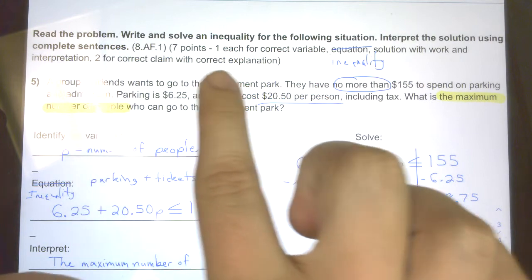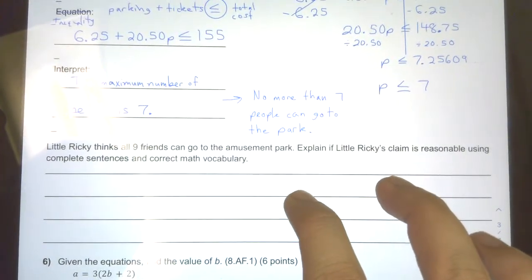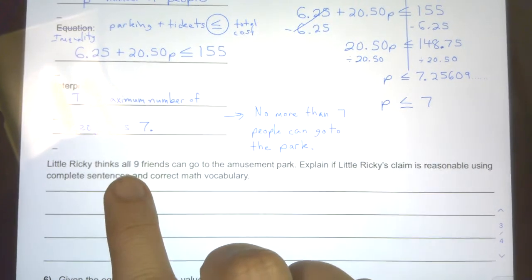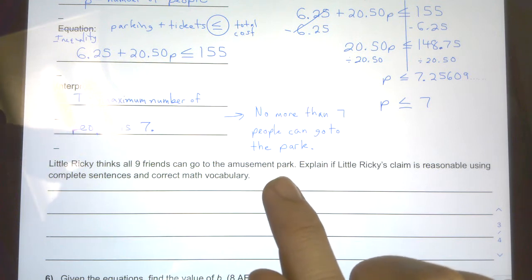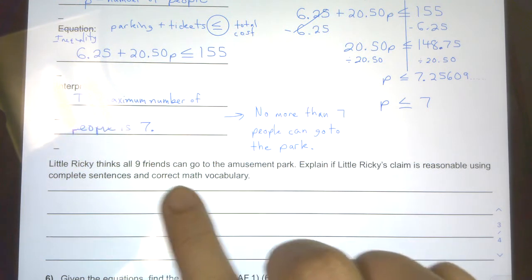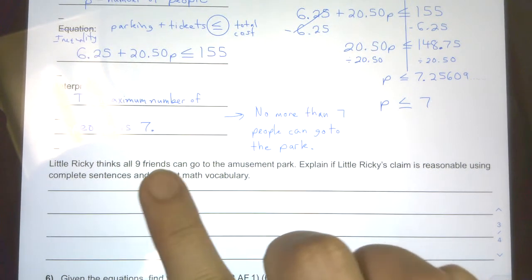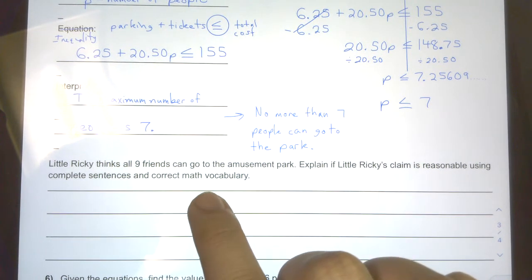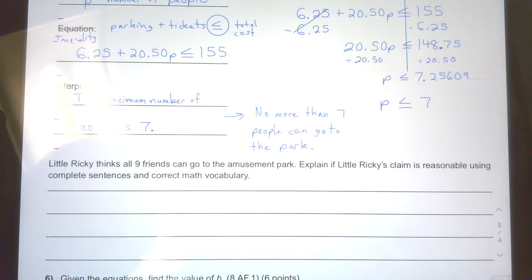Now, 2 for the correct claim with explanation. This is right here, okay? So it says, Little Ricky thinks all 9 friends can go to the amusement park. Explain if Little Ricky's claim is reasonable using complete sentences and correct math vocabulary. So our friend here thinks that all 9 of the friends can go. We just proved that that is not true, okay?